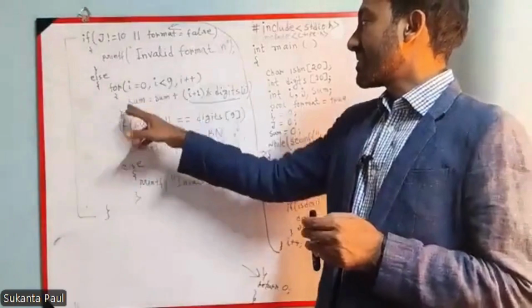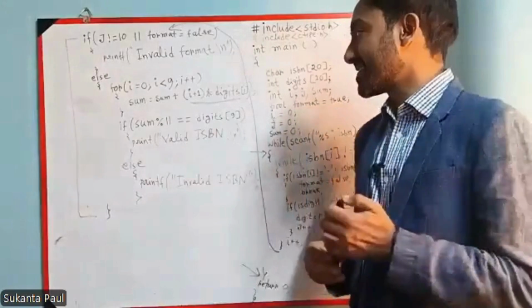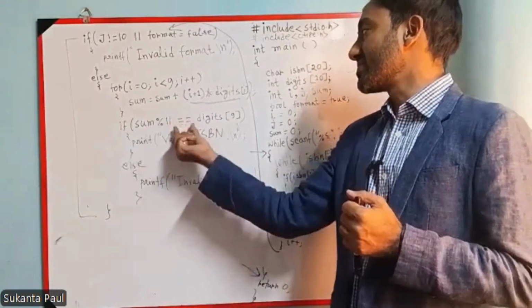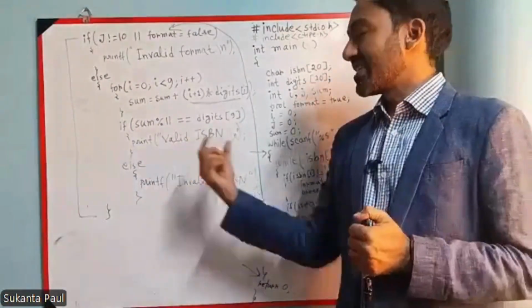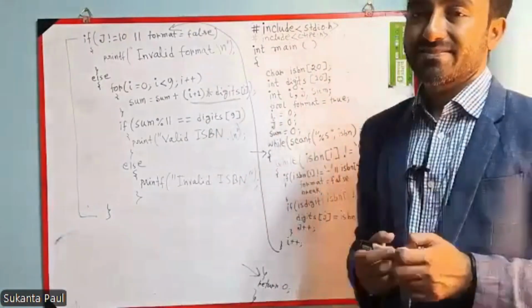After calculating the whole sum, we divide by 11 and get the remainder. If the result is equal to the digit 9, we can say that this is a valid ISBN. Otherwise, we just print invalid ISBN.